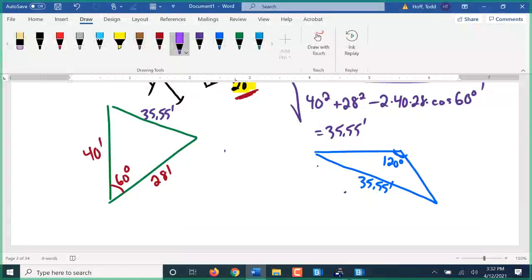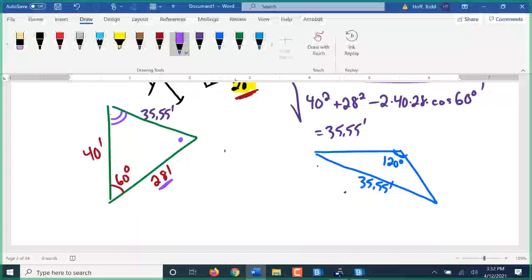By going back over here, let's say I want to find this angle. Why would I want to find this angle instead of this one? Technically, this angle here really shouldn't be obtuse, but we're playing it safe, using a smaller angle.